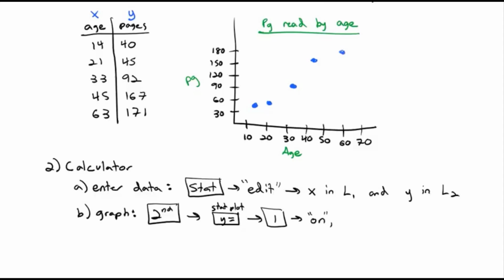Make sure you select the scatter plot, which is going to be the dots. And then you want to select what list you want, L1 and L2. Once you're done with setting up the stat plot, you'll hit the zoom button. And you'll select zoom stat, which will center you right on the statistics.